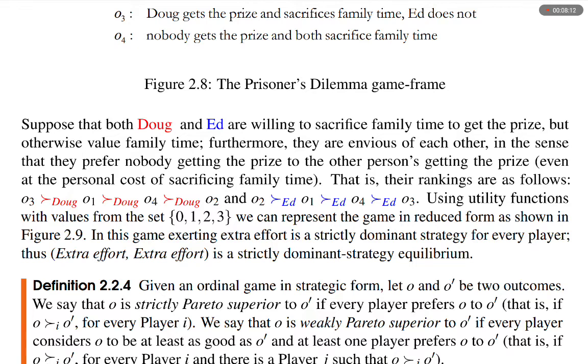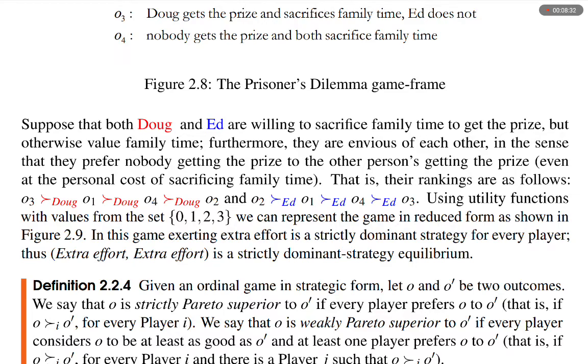That is, their rankings are as follows. For Doug, 03 is better than 01, and 01 is better than 04, and 04 is better than 02. And for Ed, 02 is better than 01, and 01 is better than 04, and 04 is better than 03.